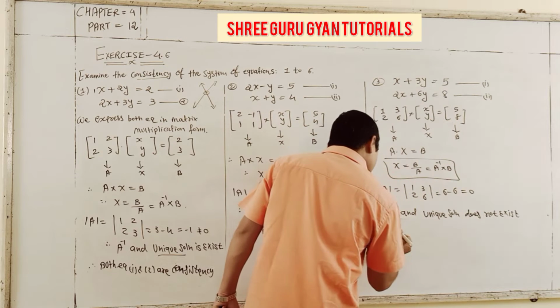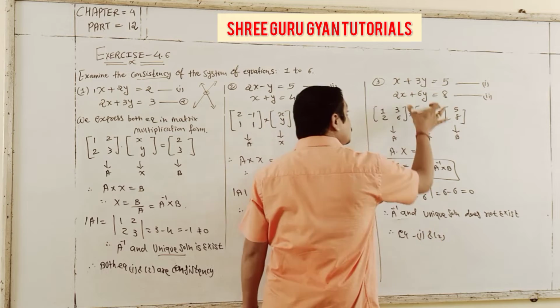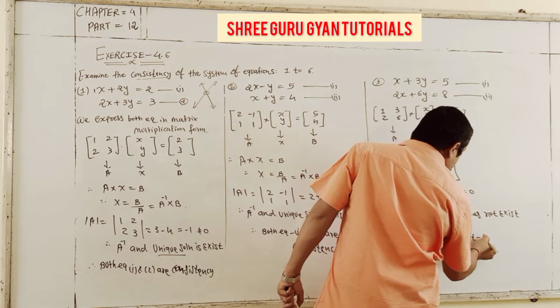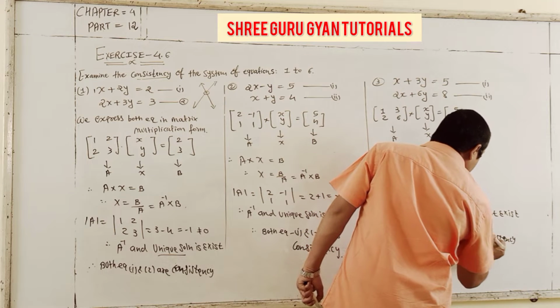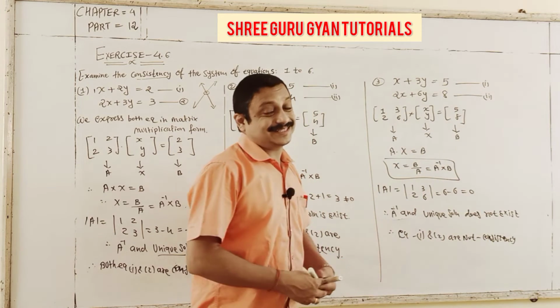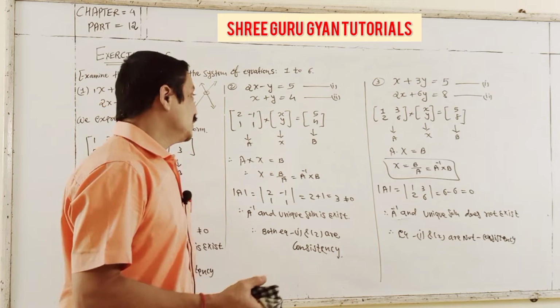Therefore equations 1 and 2 are not consistent. Finally you write down your answer: it is not consistent, because the determinant of A is 0.